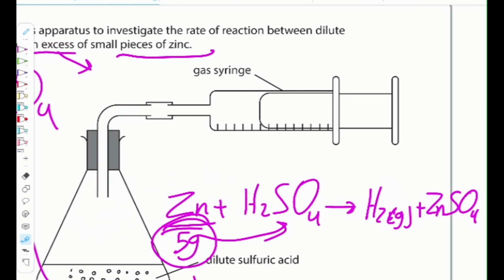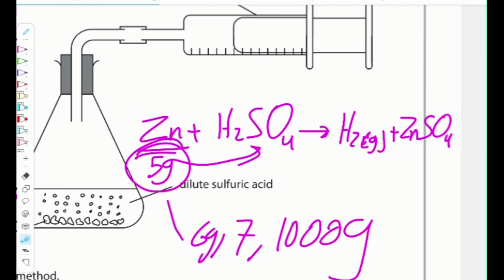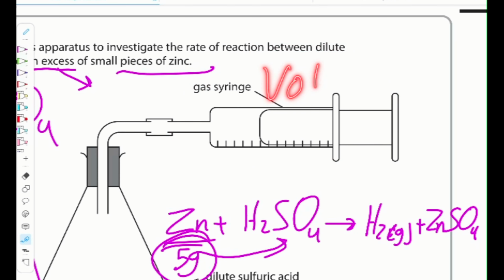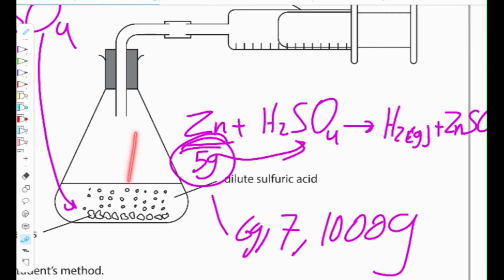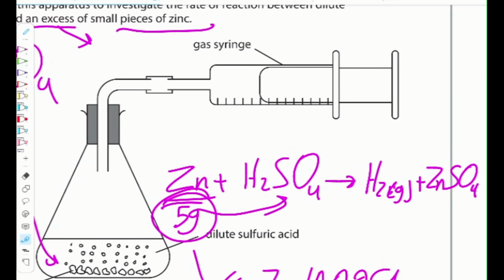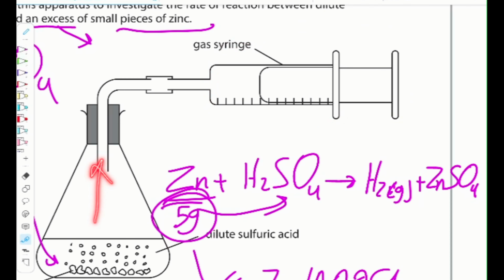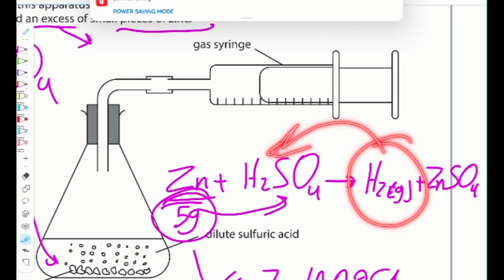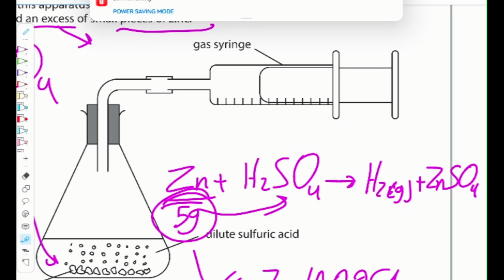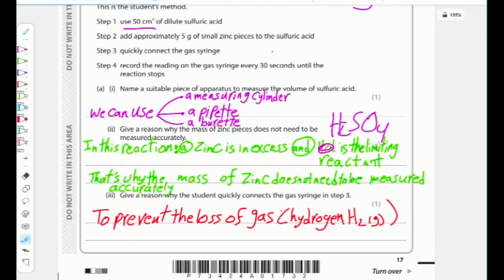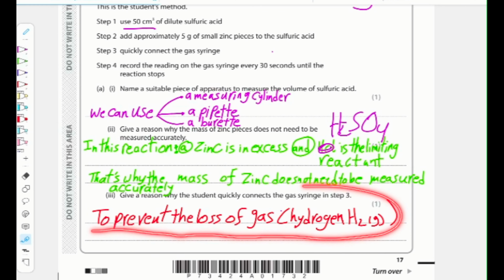We need not to lose any amount of the gas, because we need to depend on the volume of the gas in order to know the concentration of the H2SO4 or the acid. So we need to connect the syringe immediately so that we don't lose any amount of the hydrogen, because losing hydrogen will give us false information about the concentration or the amount of sulfuric acid. So here, the reason is to prevent the loss of gas, the hydrogen gas.